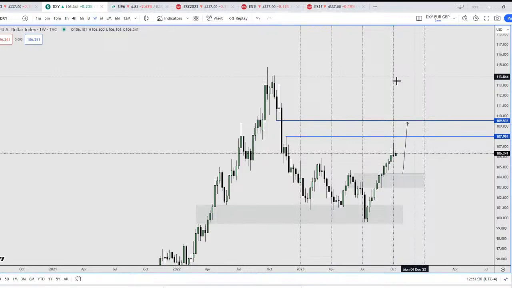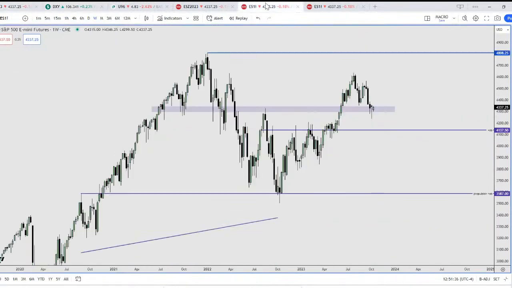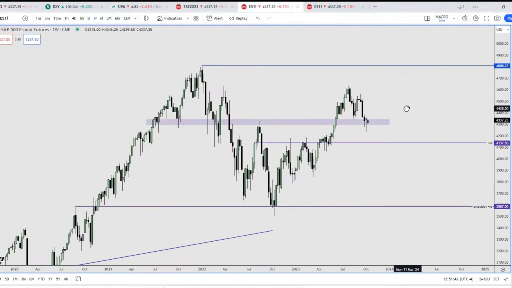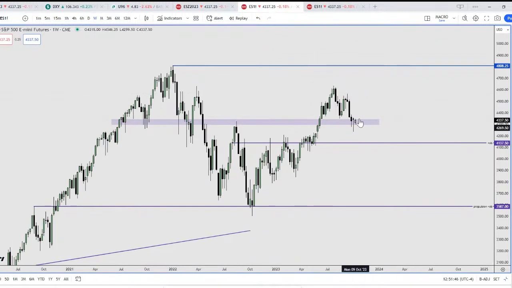Okay, so in that scenario, I can see that indices might be running higher. Okay, so that's the justification of why I am anticipating higher prices on the higher time frames.